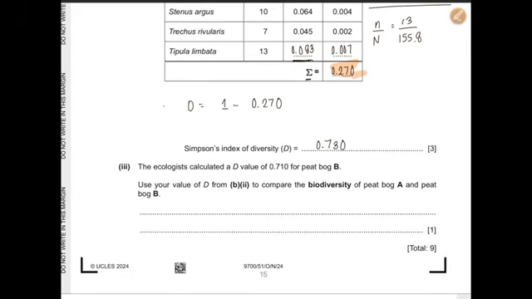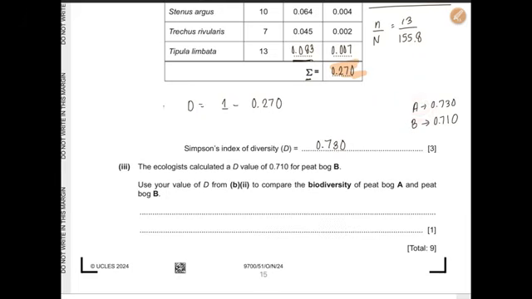Now, last question. The ecologist calculated a D value of 0.710 for peat bog B. Okay, so for peat bog A, we have 0.730, and for peat bog B, we have 0.710. So it concludes that A has more biodiversity.